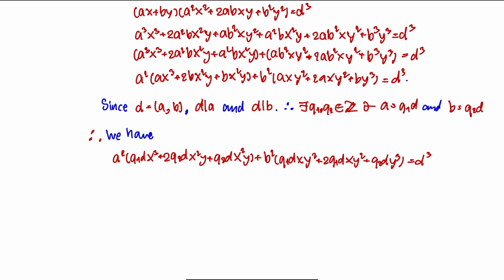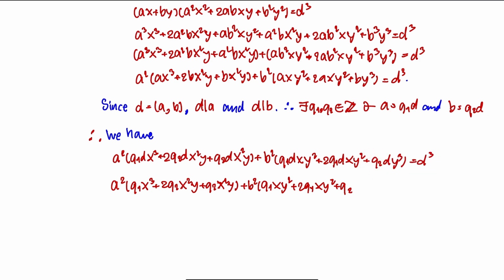So we've got a squared q1 x cubed plus 2 q squared x squared y plus q squared x squared y, and plus b squared q1 x y squared plus 2 q1 x y squared plus q2 y cubed, but d disappears right now, and equal to d squared.